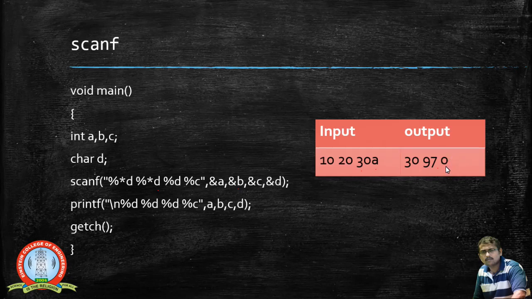So C has a value of 0, and D doesn't have any value. So this 30 will be stored in A, this character's ASCII value will be stored in B, and the rest of the values will be 0, and there will be no value for D.